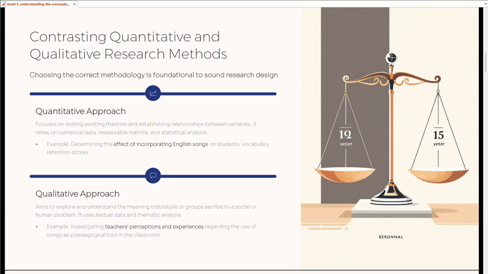The qualitative approach, on the other side, takes the same topic, but it is more about knowing the teachers' perceptions, their attitudes, and their experiences of using English songs in their class as a pedagogical tool or teaching and learning tool. So it's a bit different. We can use observation, interviews, and others. Okay, let's go on to the next.